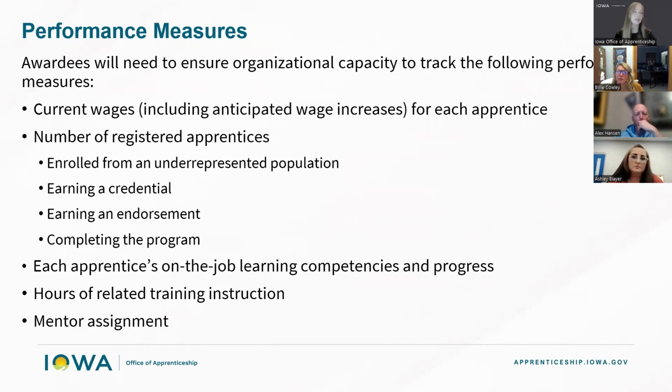You will also need to track the number of registered apprentices who are enrolled from an underrepresented population, who are earning a credential, who are earning an endorsement, and those who are completing their apprenticeship programs. You also want to figure out how you're going to track each apprentice's on-the-job learning competencies and their progress, their hours of related training instruction, and also tracking mentor assignment.